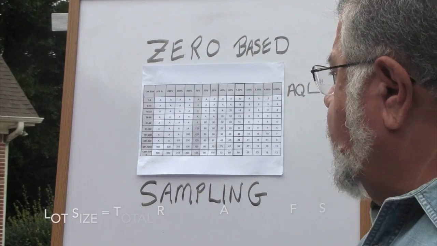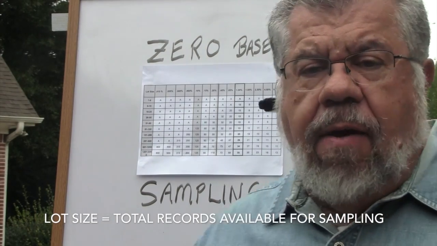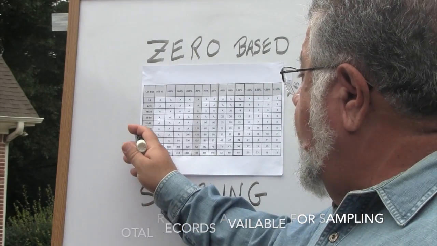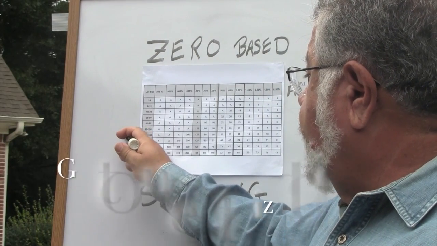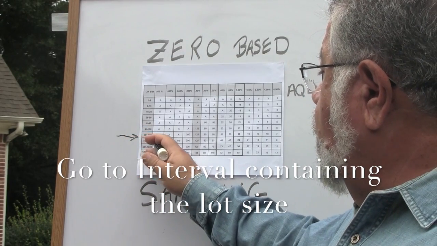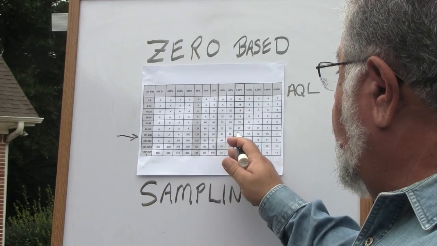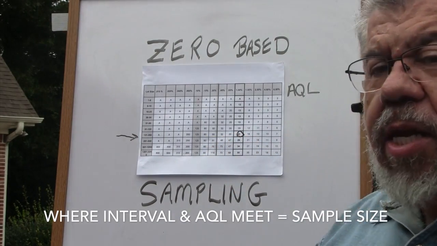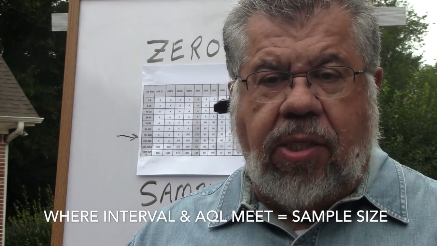That's the lot size. So for example, let's say we have 250 records. So we go to the interval that contains 250, which would be this interval right here. Now, you follow along the interval until the AQL, and then we have a number here, the number 20. That number is the sample size.